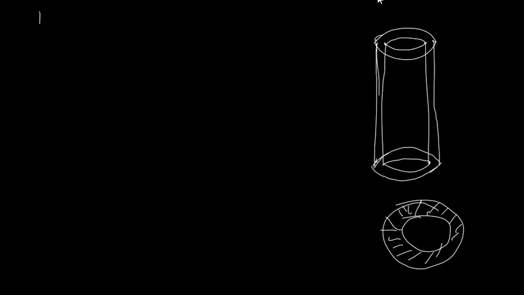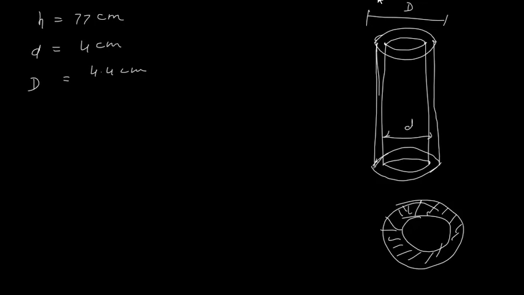Now from top if we see, we will get something like this, a circle and inside a hollow circle. So this much part will also be there as an area. So here height is given 77 centimeter. Inner diameter, let us say small d, is given 4 centimeter and outer diameter capital D is given 4.4 centimeter. This outer is capital D, this inner is small d. Okay, and this height is 77.